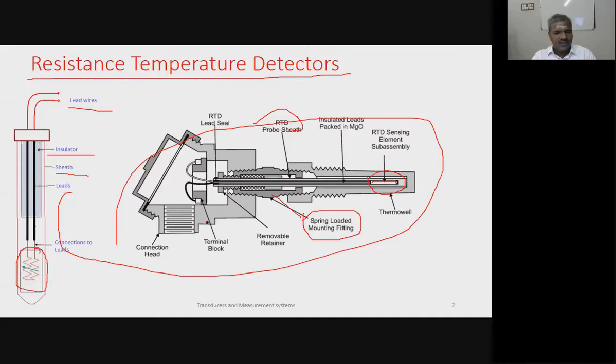The terminal block is for making the connection between the external wires and the leads, in the connection head. This is closed. I will show you the real RTD.